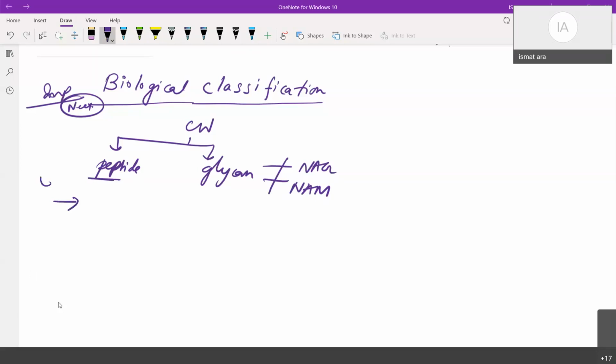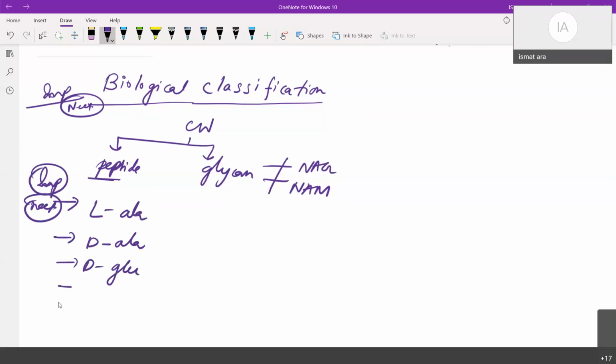The names of the amino acids are very, very important for your NEET, students. What are the names? One is L-alanine. Second one is D-alanine. Third one, D-glutamic acid. Fourth one, L-lysine. And fifth amino acid is DAP. What is the full form of DAP, students?